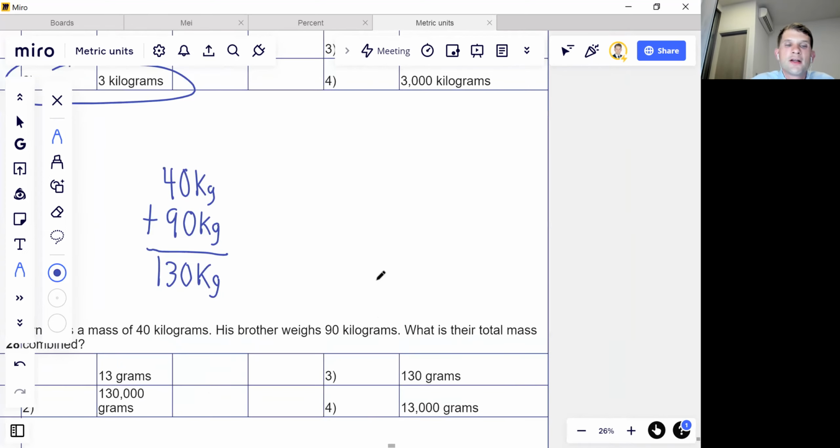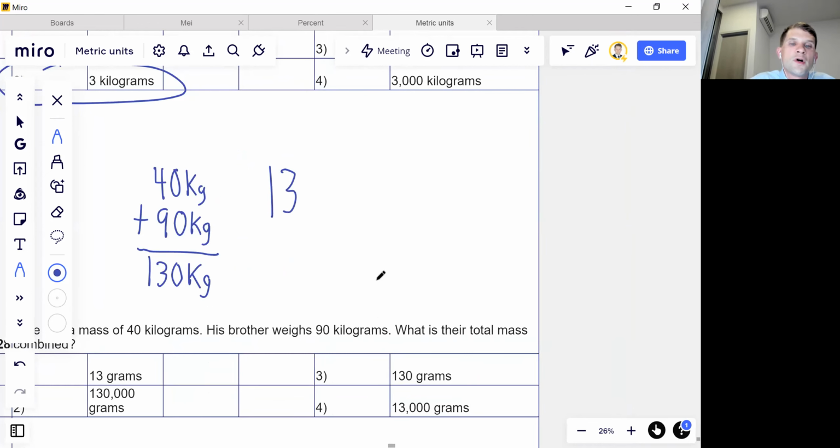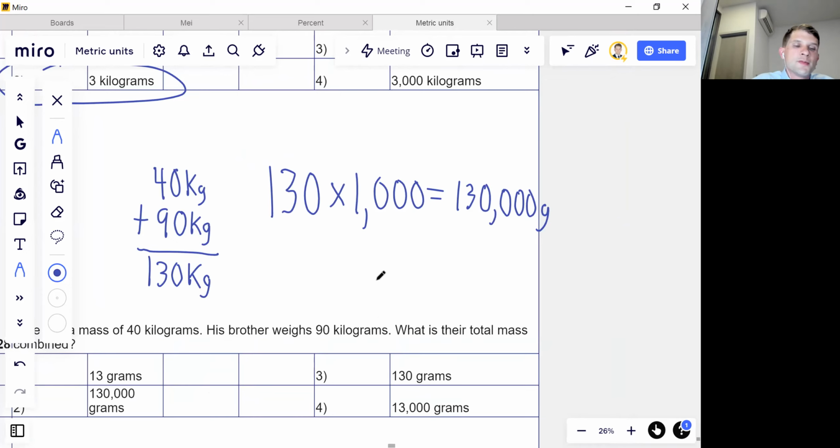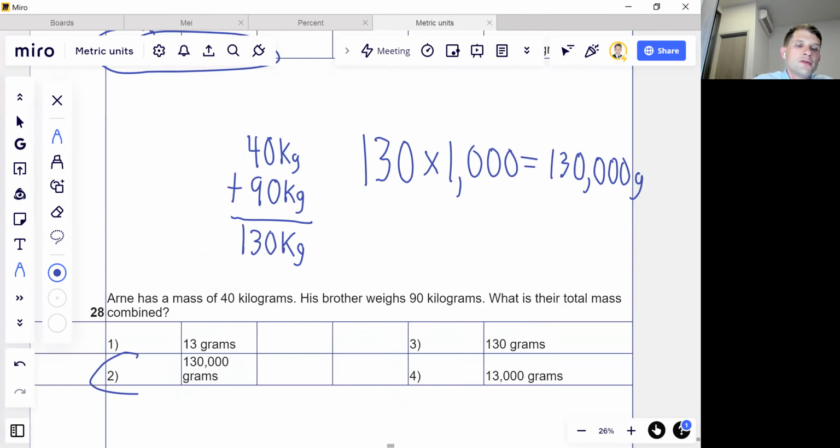It looks like I'm going to need to convert 130 kilograms to grams. So I need to take 130 times 1,000. And of course, that is 130,000 there for this one. So that's 130,000 grams, which matches number 2.